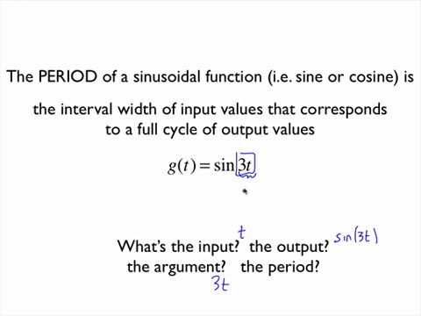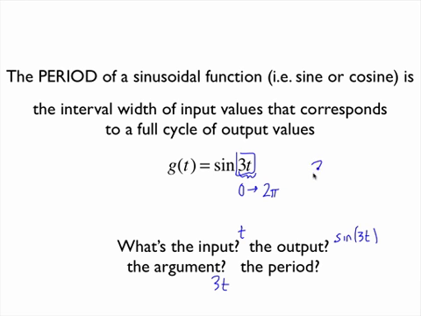From 0 to 2 pi. Because that's what 1 cycle of sine is. From 0 to 2 pi, it gives 1 cycle of sine. So therefore 3t needs to go from 0 to 2 pi.